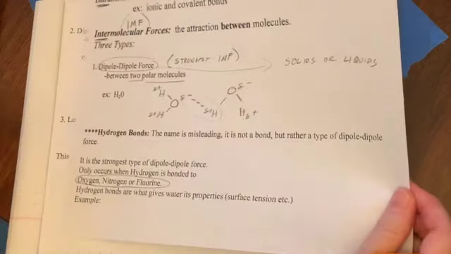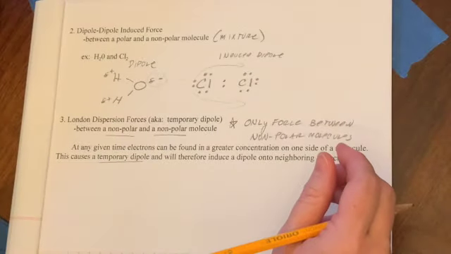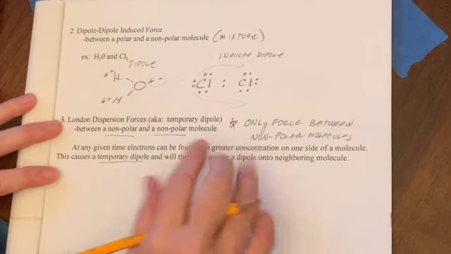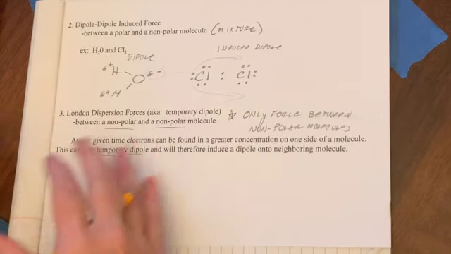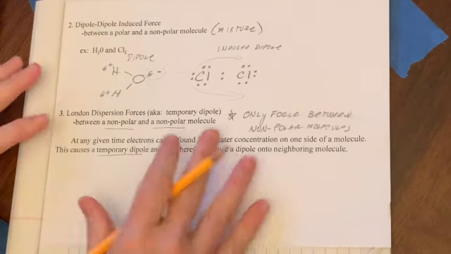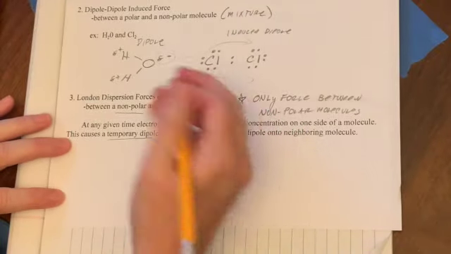Again, as we mentioned, the hydrogen bonds cause water to have a lot of properties that we'll get into later. Non-polar molecules tend to be gases at room temperature, because they have these really weak forces working on them.